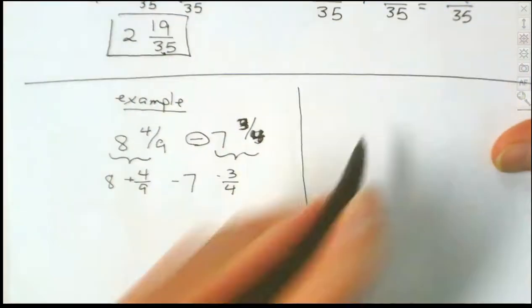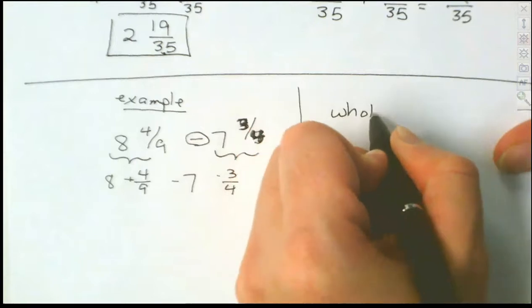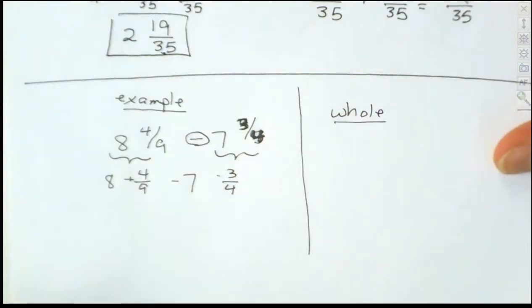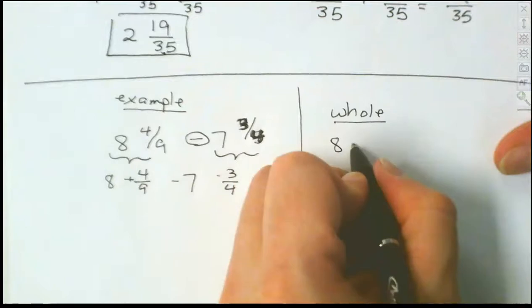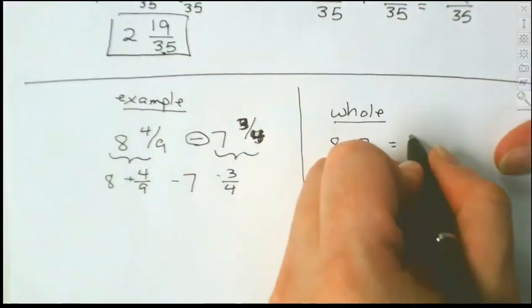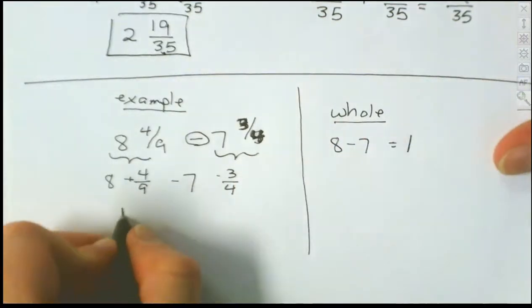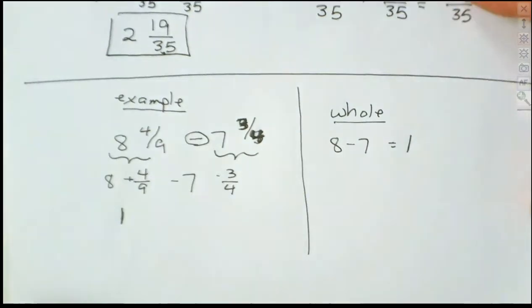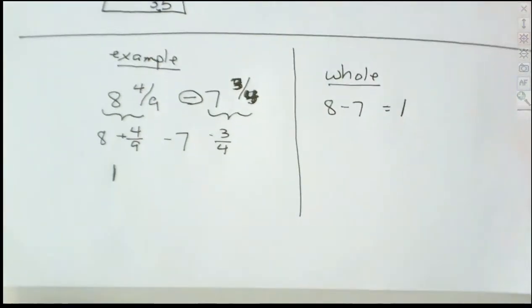And now let's look at the whole numbers. What do we have for the whole numbers? We got 8 minus 7, and 8 minus 7 is a 1. And what about the fractions?